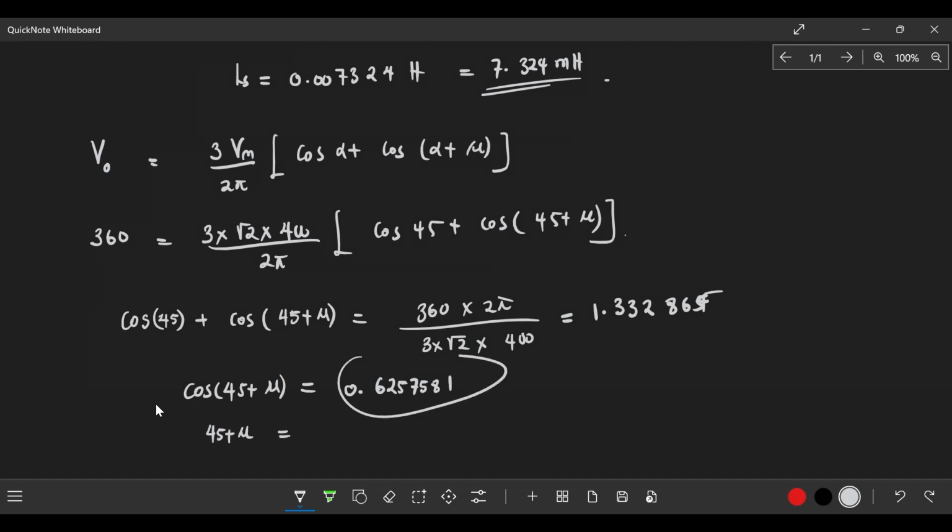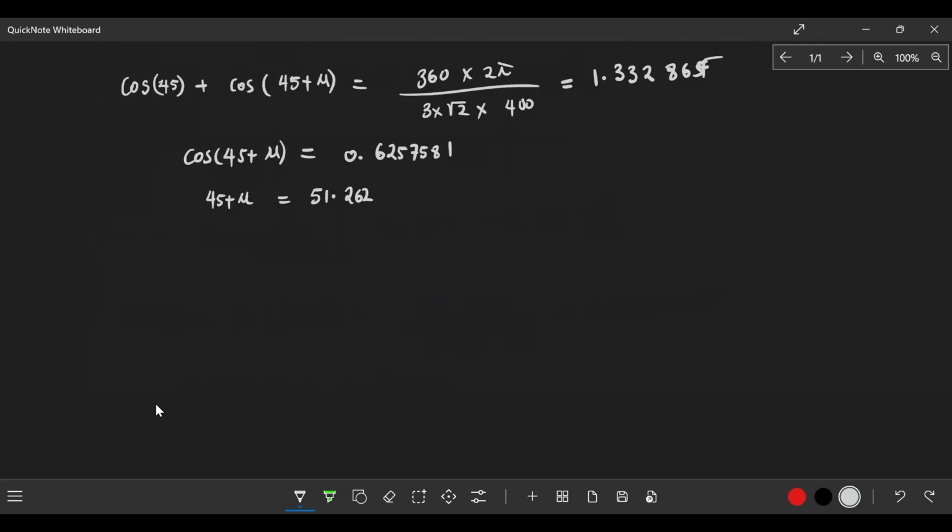The cosine inverse of the answer is 51.262. Then if you subtract 45, you get mu equal to 6.26 degrees. So that is our overlap angle.